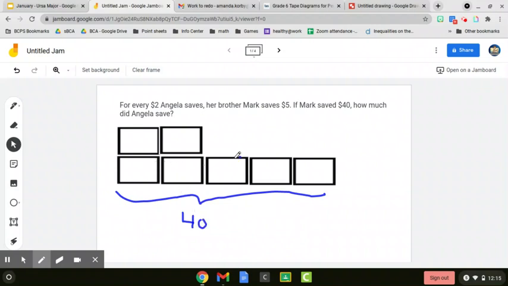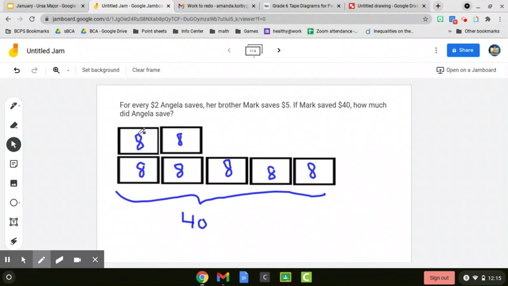And we've got 5 boxes that add up to 40. So each of those boxes has to be worth $8, because 8 times 5 is 40. And in order for our ratio to be true, then these boxes also have to be $8.